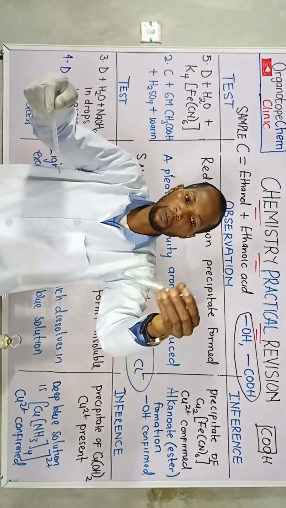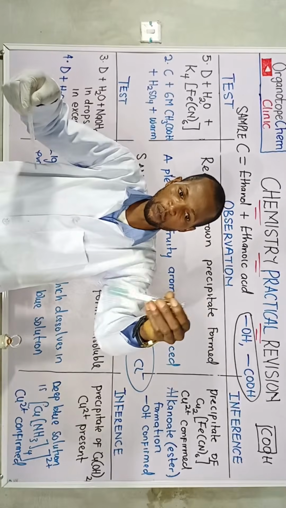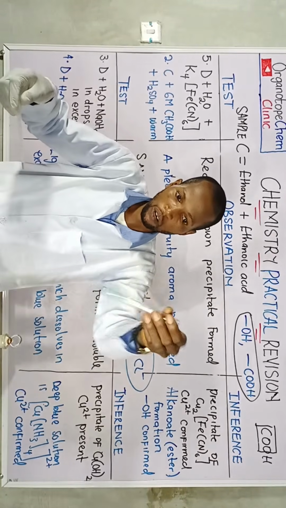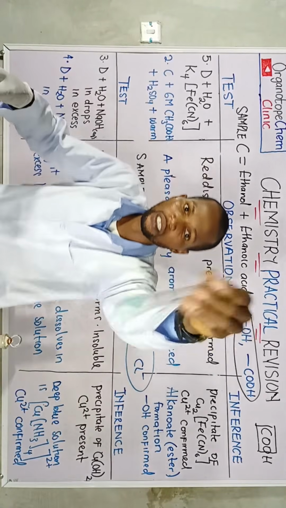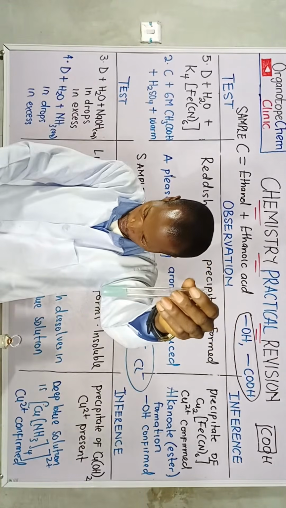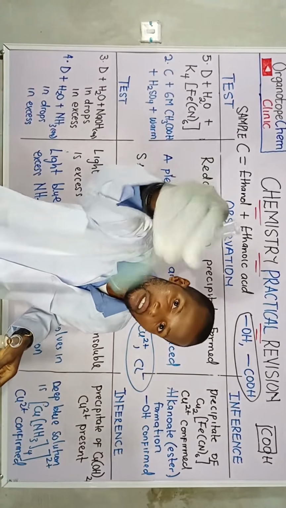On adding in drops, can you see I've started observing a white cloudy precipitate? Is that okay? We have a white cloudy precipitate formed.